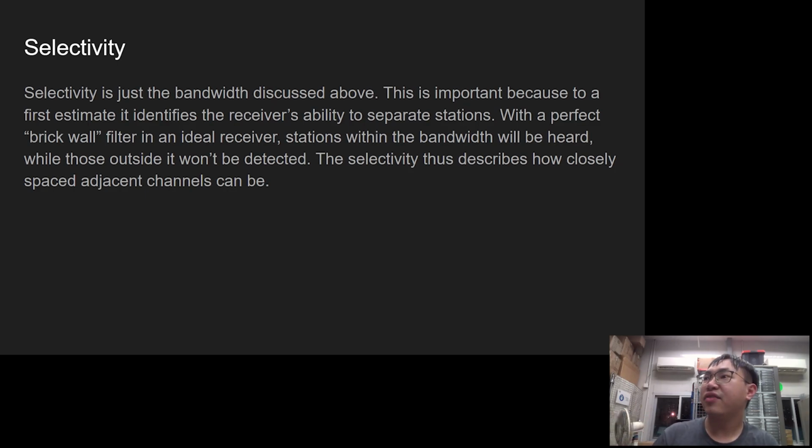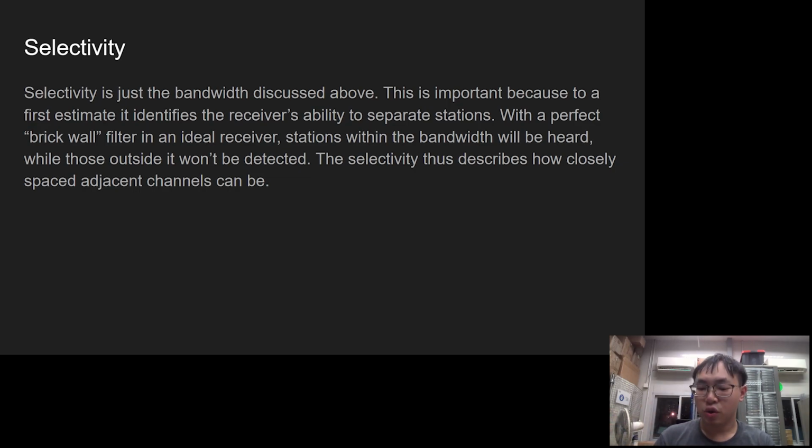Selectivity is about the narrow band, the bandwidth. Sometimes we just want to receive a very narrow bandwidth instead of a very wide bandwidth. As we just talked about, the bandwidth in ham radio is very narrow, sometimes just about 3 kHz or 5 kHz.